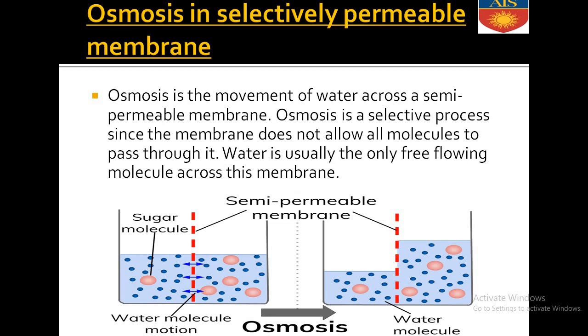But it would be better if you all write that osmosis is the movement of water from the region of its higher concentration to the region of its lower concentration through the semi-permeable membrane. It is like diffusion only, but it needs a membrane.